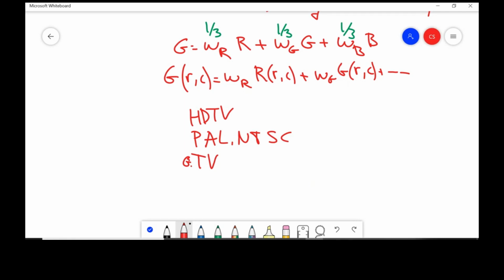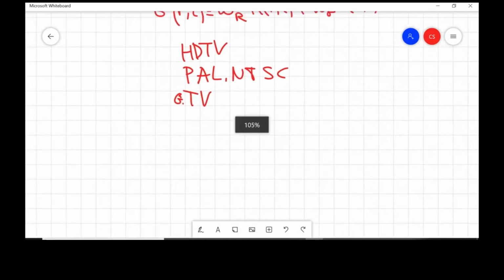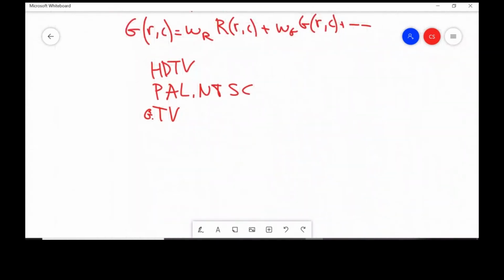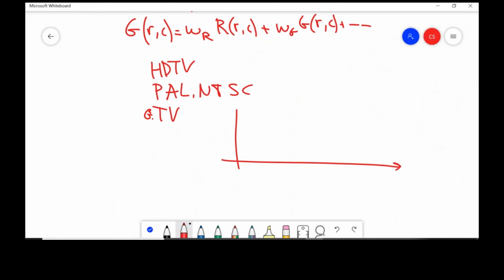So if you think of how things are transmitted, this is the frequency axis, so this is frequency. And you have channel 1 here. Actually, when you tune your TV, it is still doing this. And so you have different channels. And those were the channels used for the gray transmission.